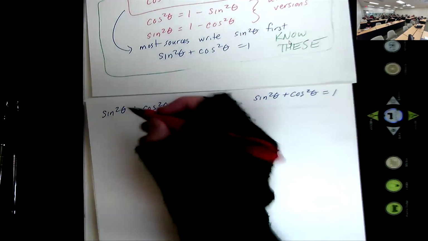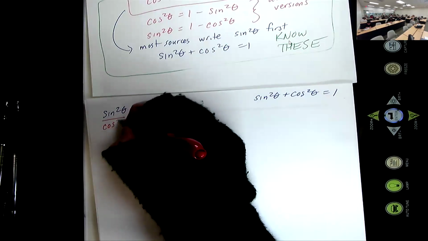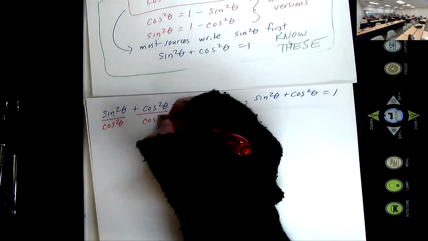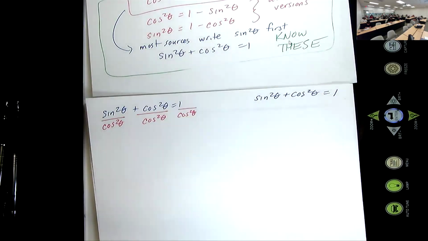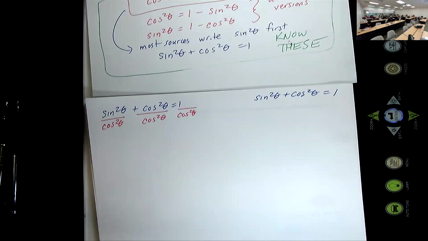If I divide everything here by cosine squared theta, we're making the big assumption that cosine squared theta can equal 0, and we know it can't. But for the results of this, you'll never have it where those were 0 in the first place.